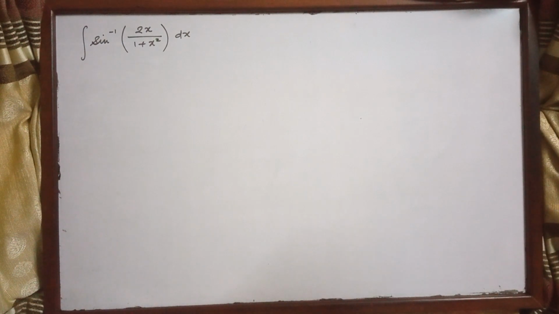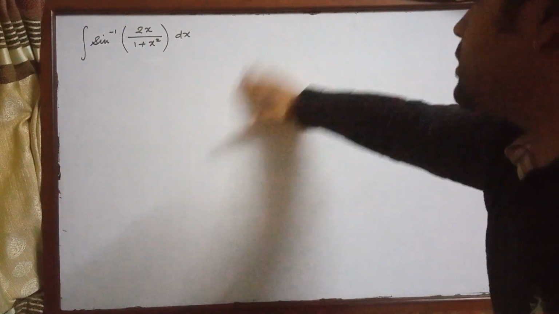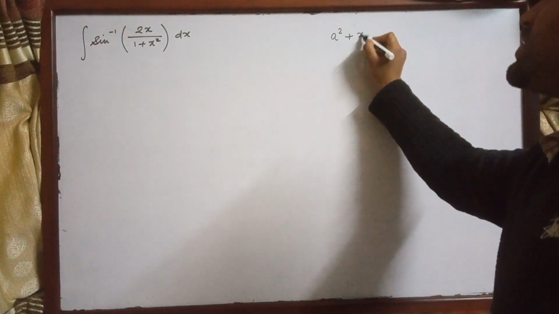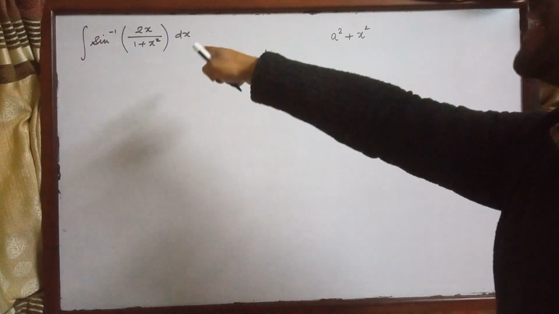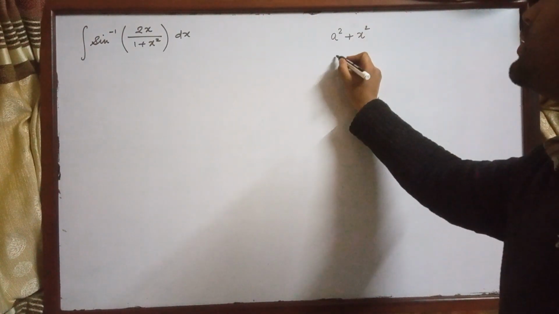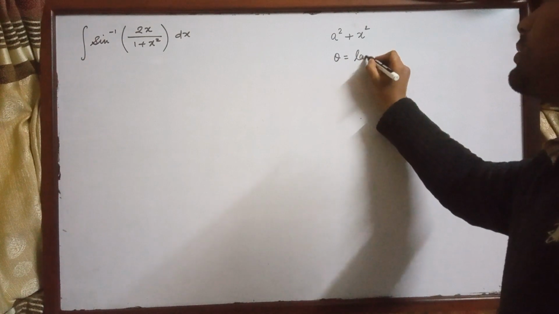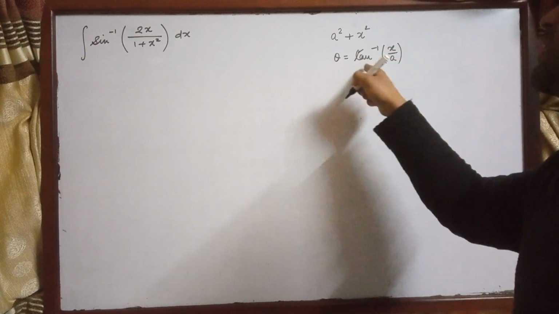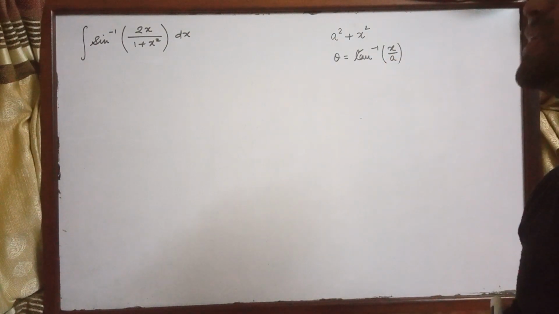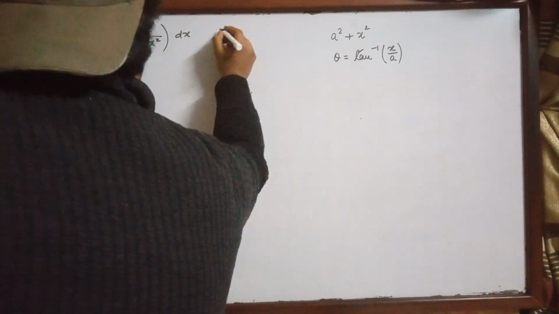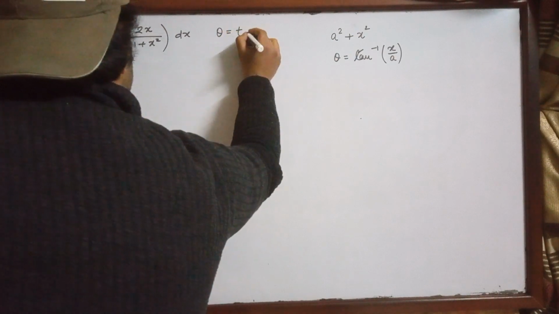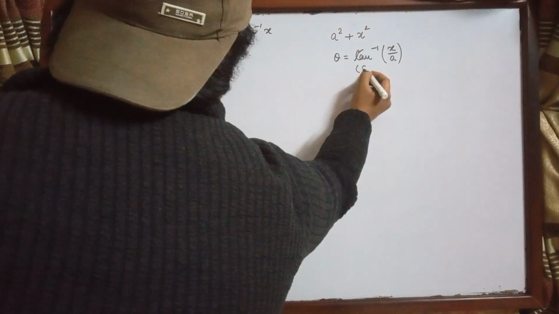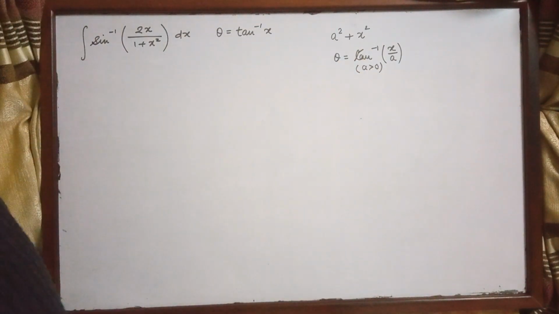If you are to use trigonometric substitution, and if we have something like a squared plus x squared somewhere in the integrand, then the most obvious substitution would be theta equals tan inverse of x over a. In this case, the substitution we're going to use is theta equals tan inverse of x, because a equals 1. Obviously here, a should be taken to be greater than 0.